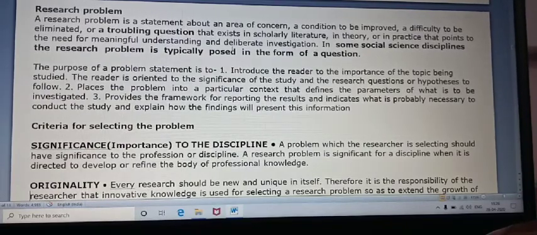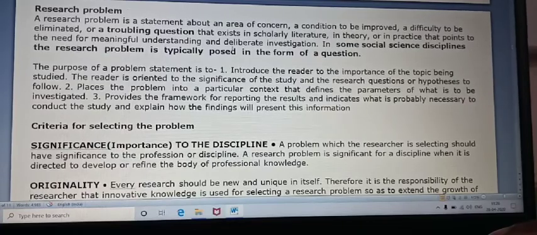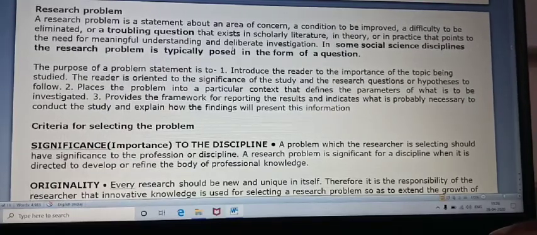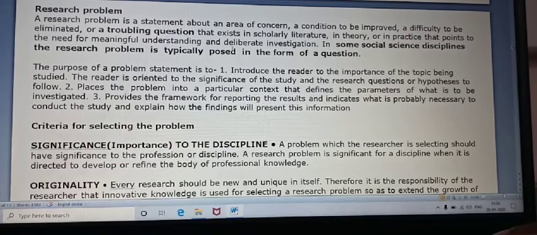The next, you will try to do an investigation based on the problem. You will try to find a solution for the problems, and the purpose of the problem statement is to provide a framework. Only if you know the problem, you will plan to find a solution for it. For example, as my previous example, a person who smokes is likely to get cancer. So how will you try to find the solution for it?